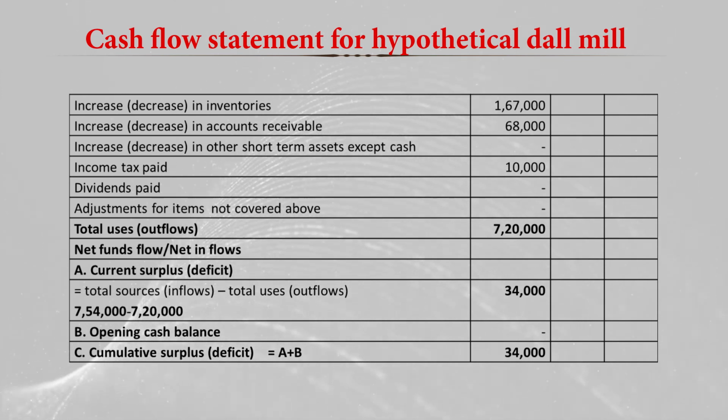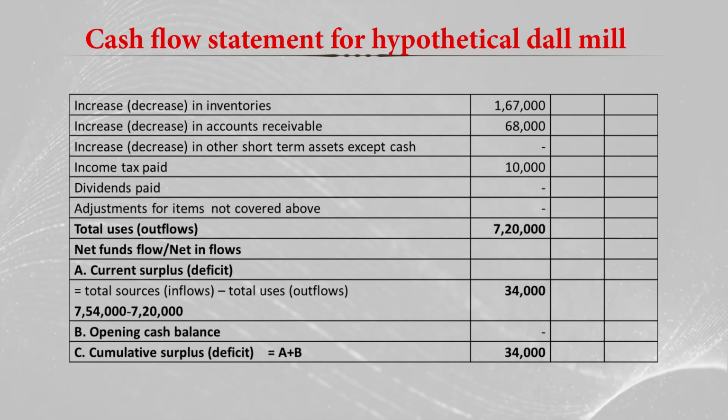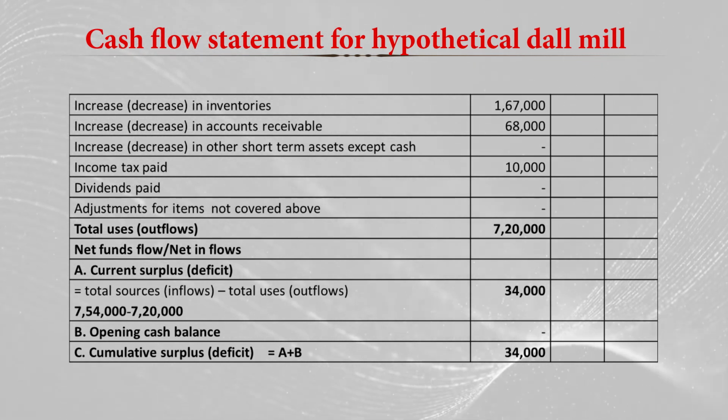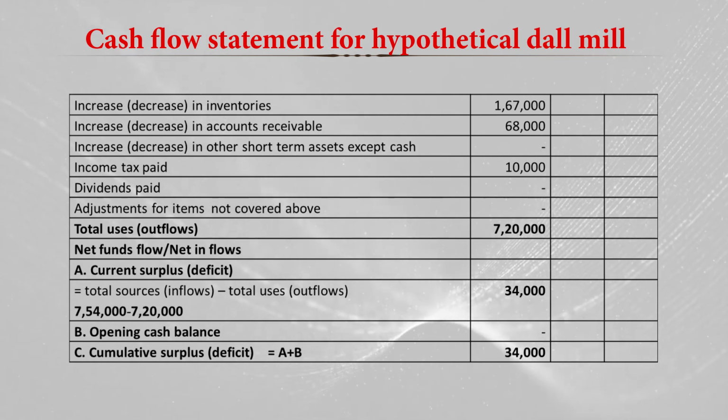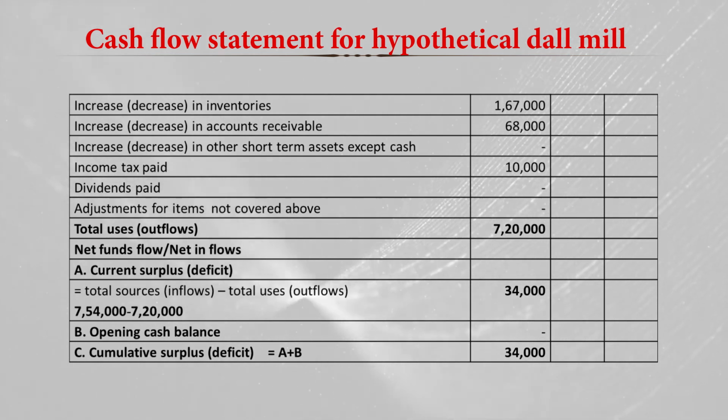So the total surplus, the cash surplus or current surplus, is 34,000. And the opening cash balance we are assuming here is nil. So the cumulative surplus of the company is basically 34,000.